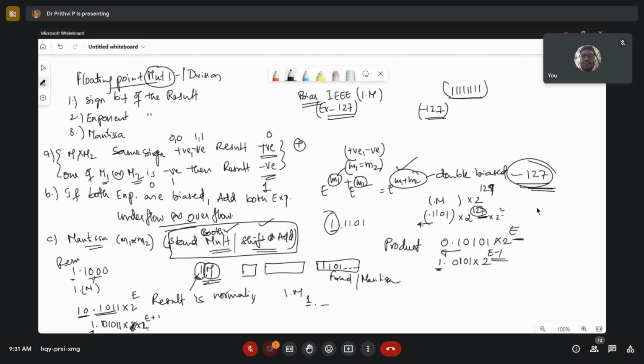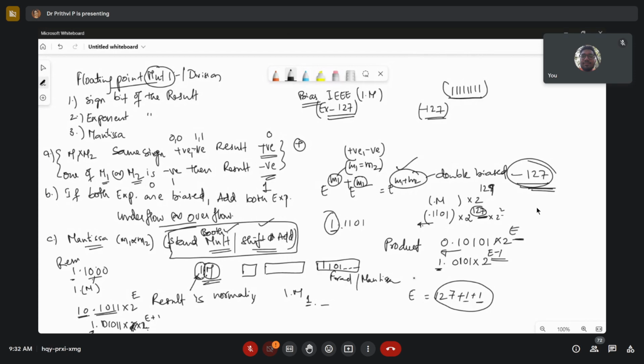If your E is already 127 and more bits get added while shifting, you get a condition of overflow.